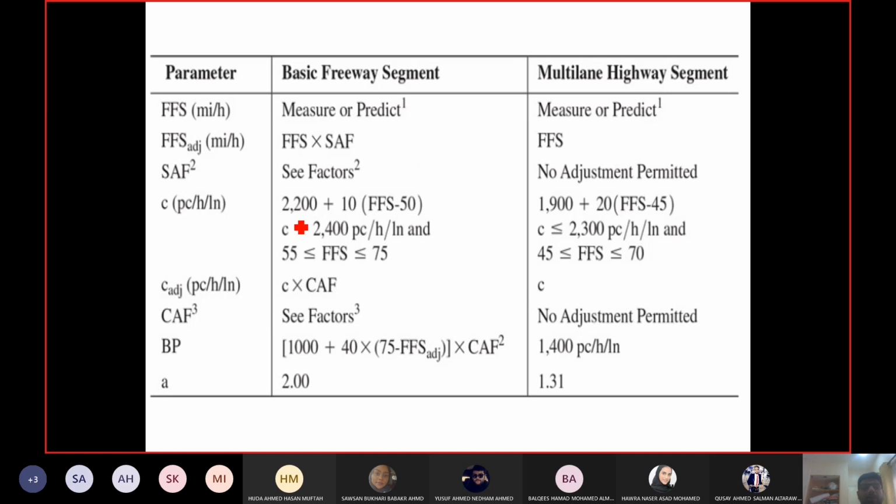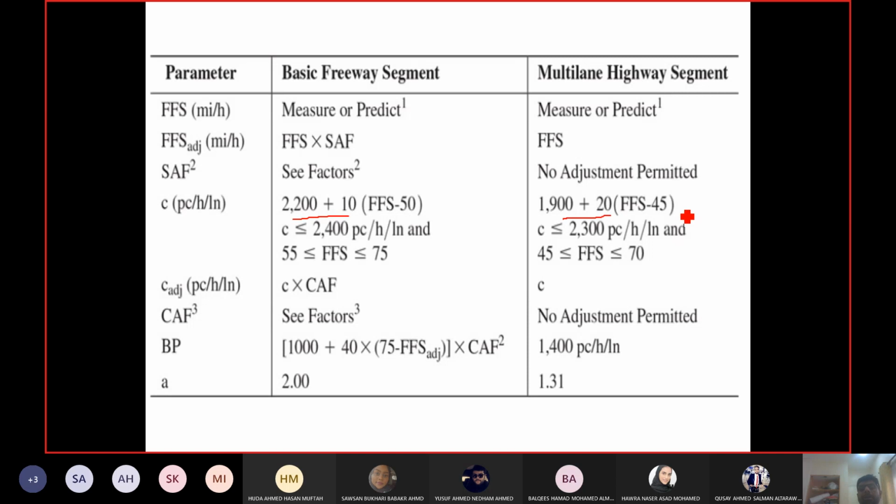Then this is the equation for calculating capacity of freeways, and this is for multi-lane highways. In both the equations you can see you need free flow speed. The maximum value of capacity is fixed for both highways. It is 2400 for freeways and 2300 for multi-lane highways. If you use the equation and the value is more than this maximum limit, you will cancel the value from the equation and take the maximum value.